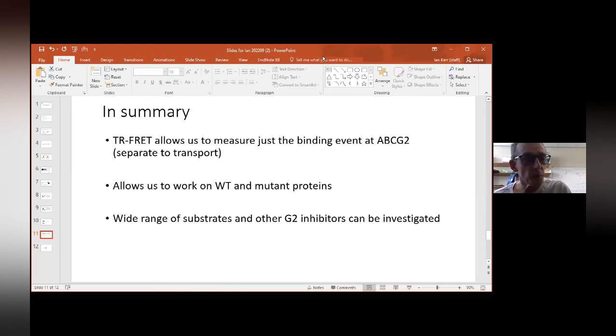So I think single point mutations are difficult with any assay. Some of the mutations I mentioned in passing are not single point mutations. They're multiple mutations at different points in the pocket where we hope to be able to see a bigger impact.